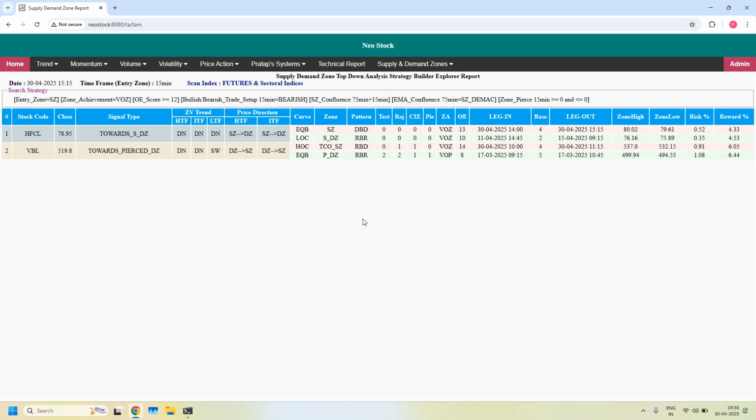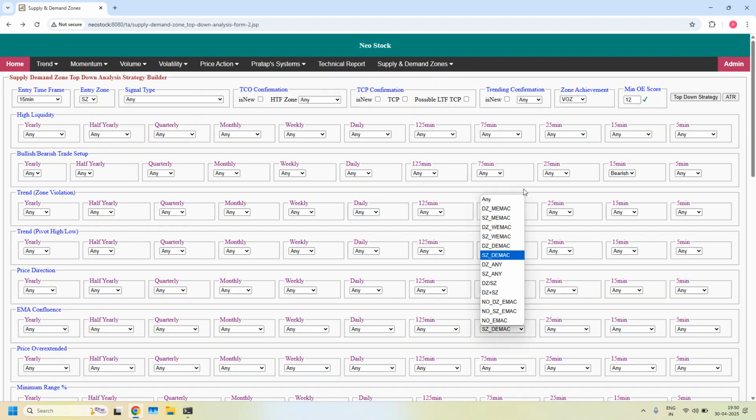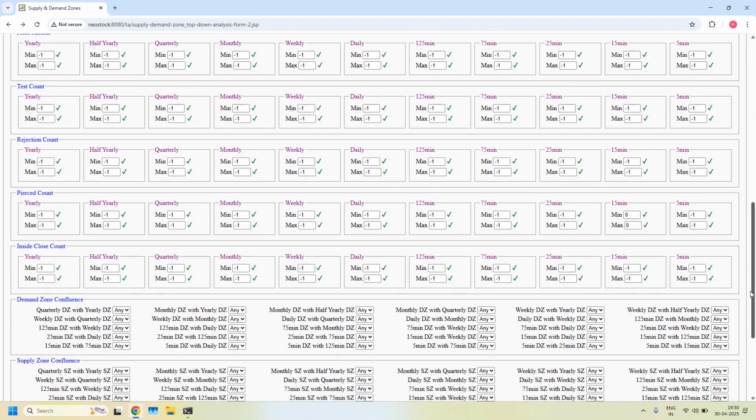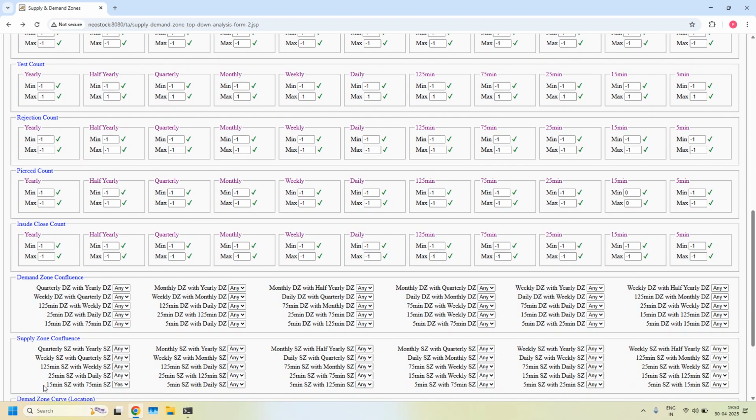Okay, next we will look into LTF, ITF and HTF supply zone Confluence supported stocks. Removing EMA filter. In the supply zone Confluence, we should set 3 filters. First filter is already enabled. Next 15 minutes and daily supply zone Confluence. 75 minutes and daily supply zone Confluence.